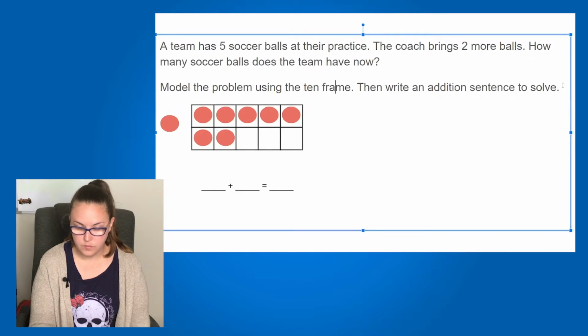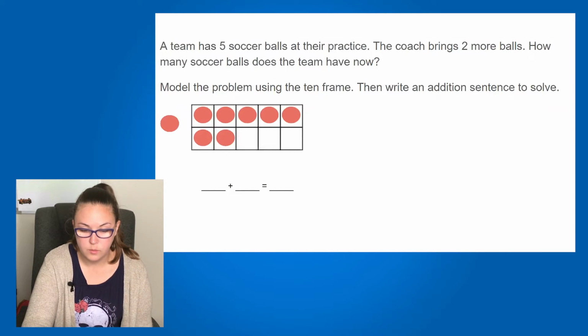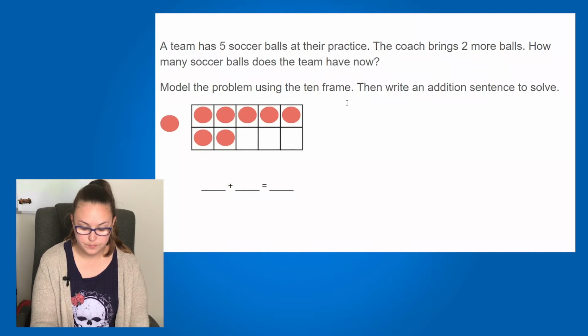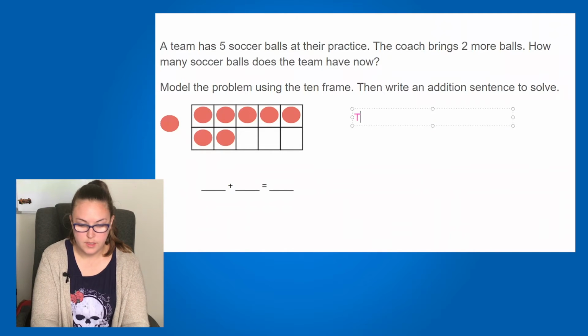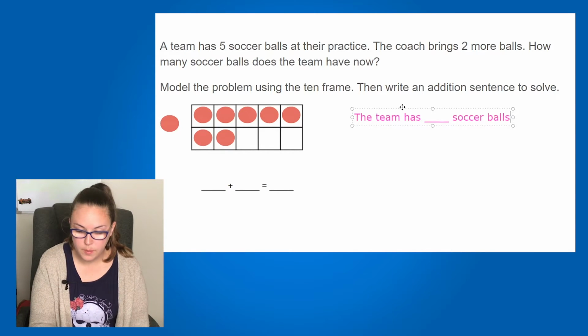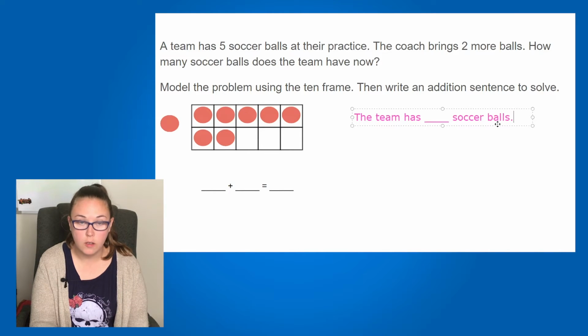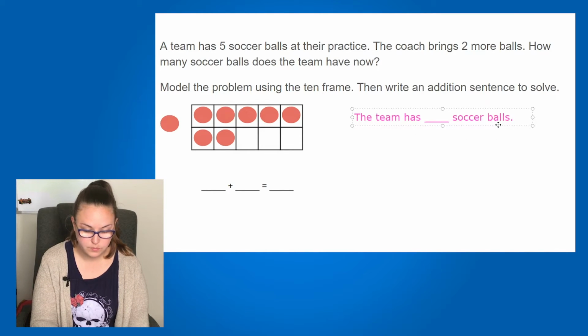All right, so the next thing we need to do is write a sentence that will answer our question. So here I'm going to write, the team has blank soccer balls. And remember that that blank there just tells us we haven't yet solved our problem.